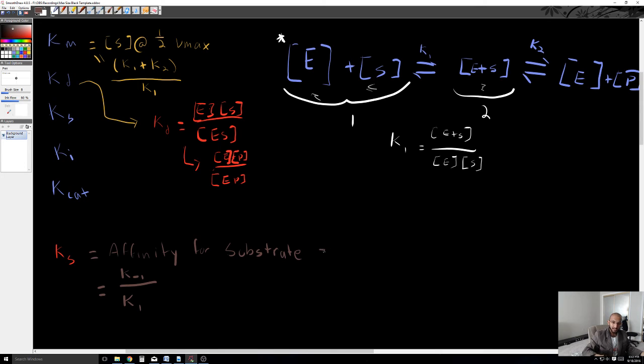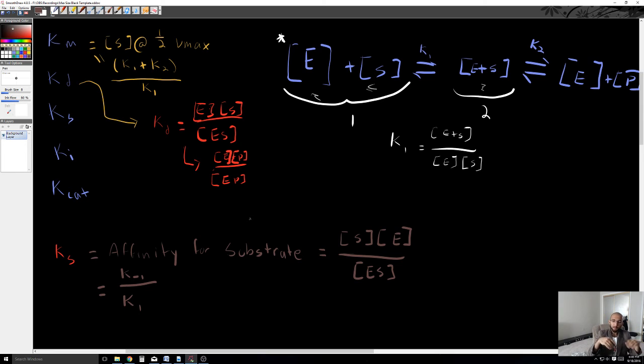But conceptually, I'd like to talk about it as substrate times enzyme over enzyme substrate complex. This should be ringing bells. We've just seen this. This is a dissociation constant, but now we have specified that it has to do with the substrate, the enzyme substrate complex and the substrate, and we've called it affinity for substrate.